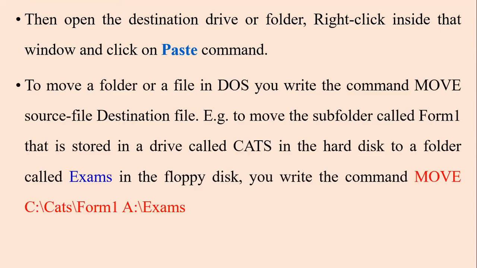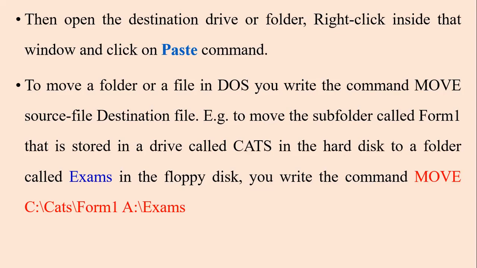But to move a folder or a file in this operating system, you write the command move followed by source file, then destination file. For example, if you want to move the subfolder called form1 that is stored in a folder called cards in the hard disk to a folder called exams in the floppy disk, you write the command as move.